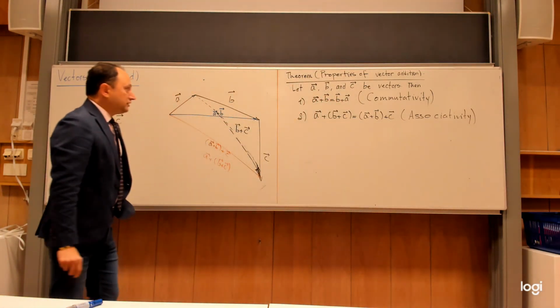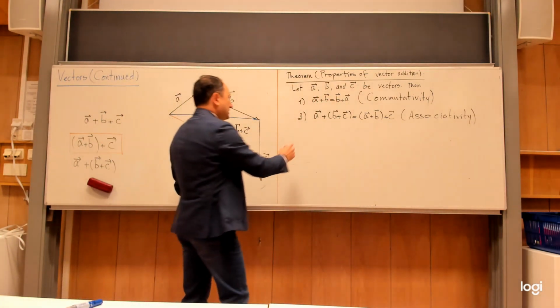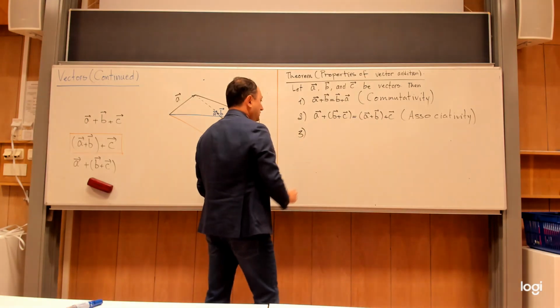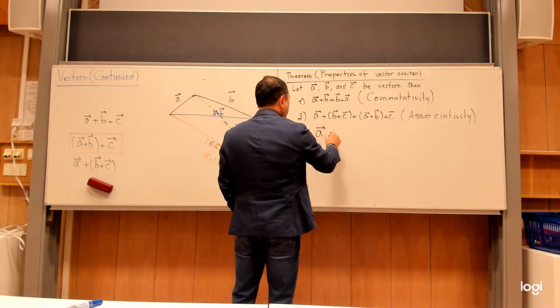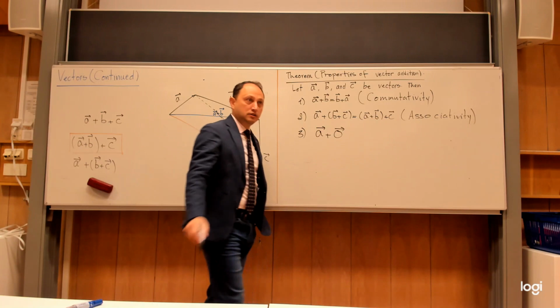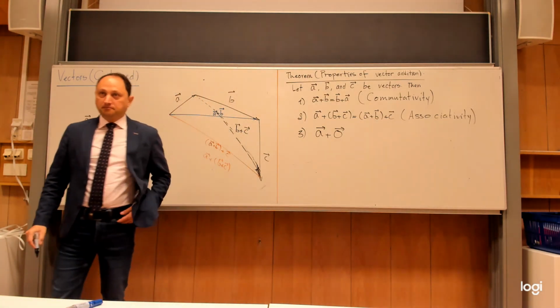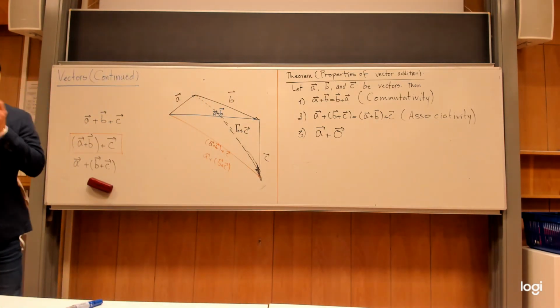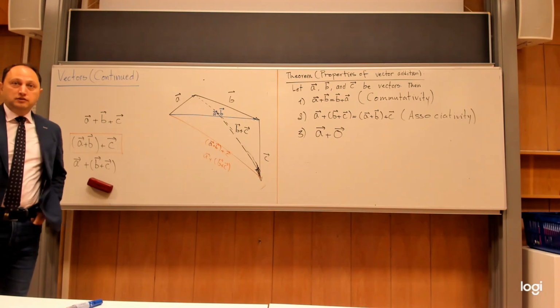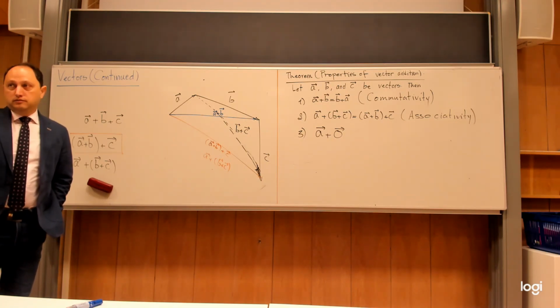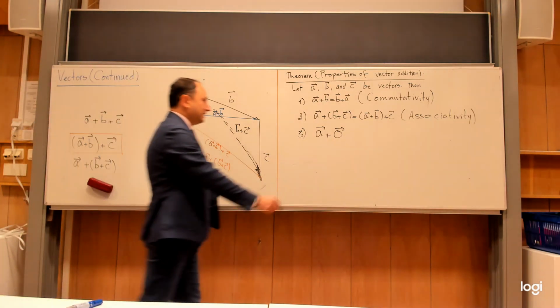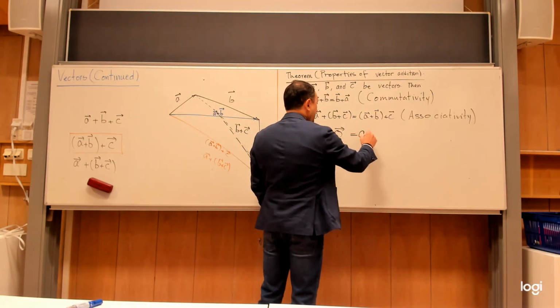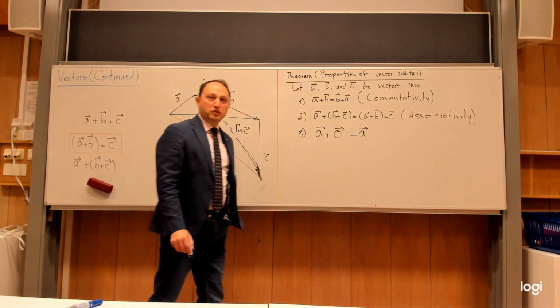Of course, the other two are simple. You already know what to do. So what do you think if I add a vector to the 0 vector? Yes? What is the result here? It's the A itself.